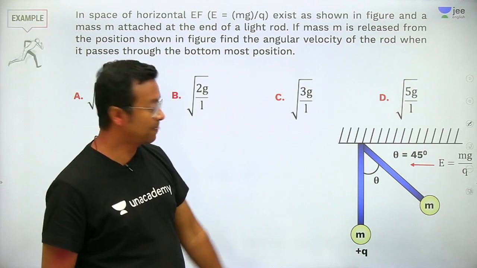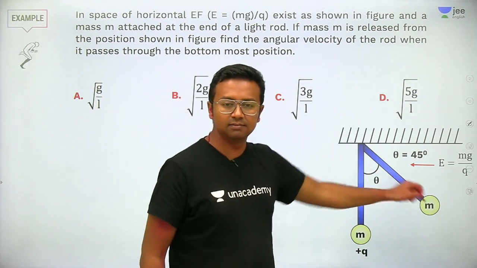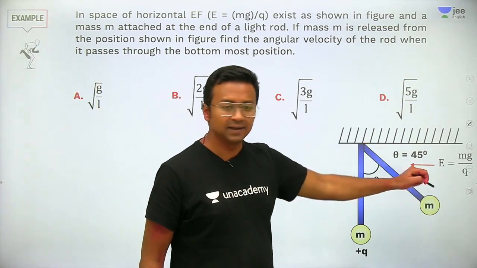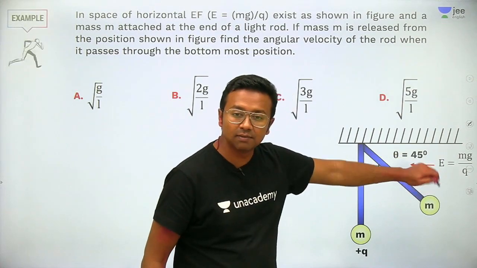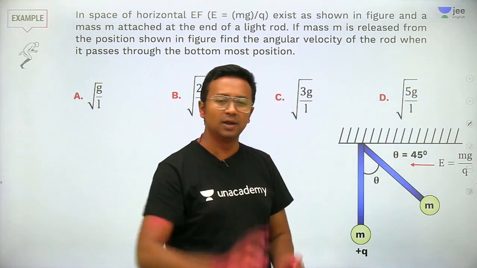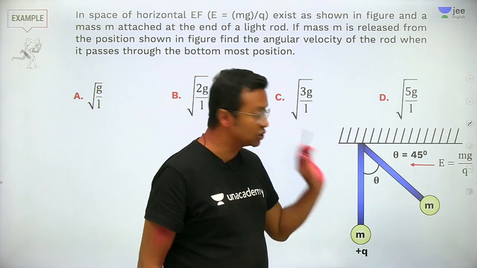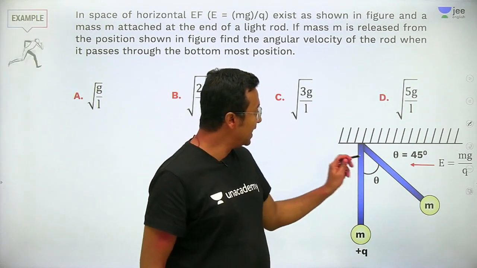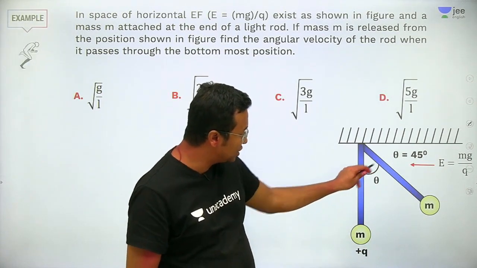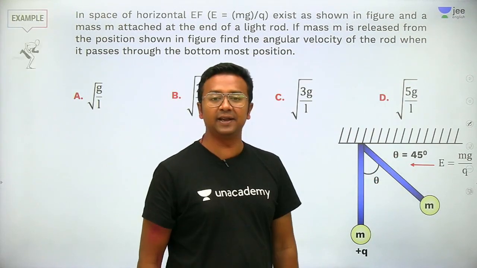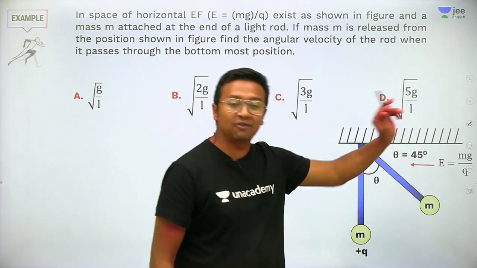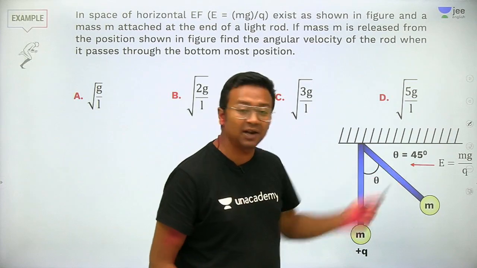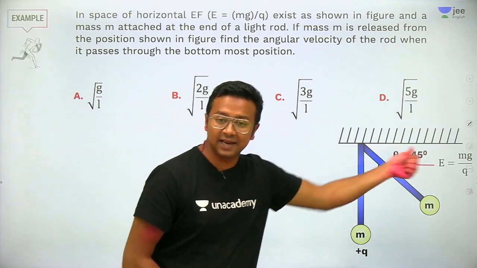Try to see this. We've got a massless string and it is connected to this spherical ball. It has got a mass m and a charge plus q. It was left from this position where theta was equal to 45 degree, and there was an electric field directed in this direction.